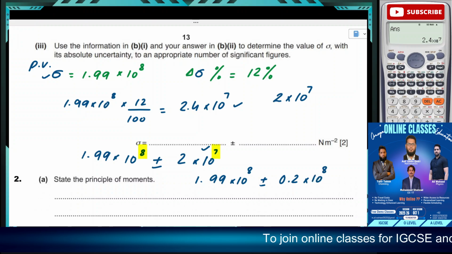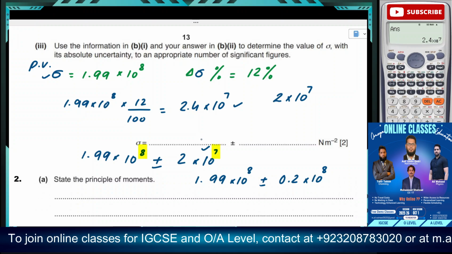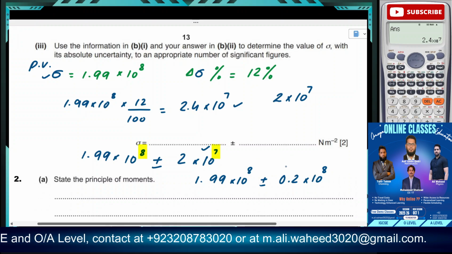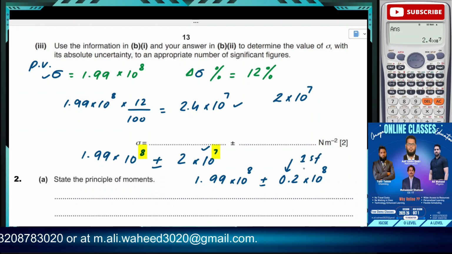2 into 10 to the power 7 and 0.2 into 10 to the power 7 are the same things. Now, the last step. After you converted the absolute uncertainty to 1 SF, how many decimal places do you have? In this case, you have only one decimal place. Now, the principal value should also be to 1 decimal place.